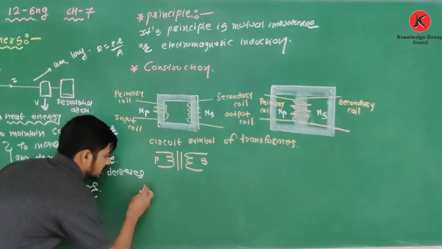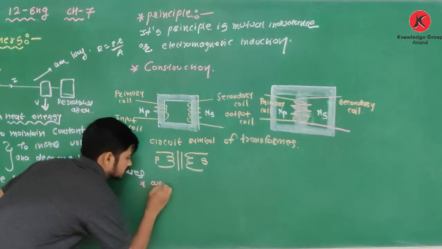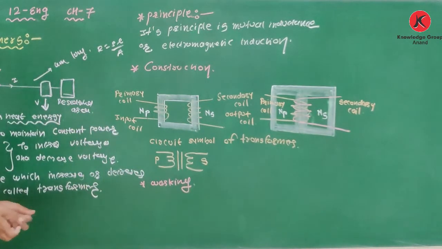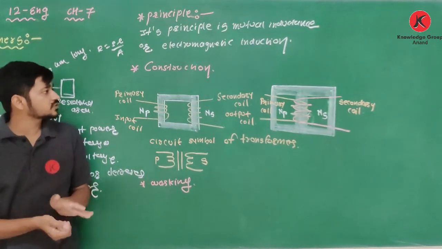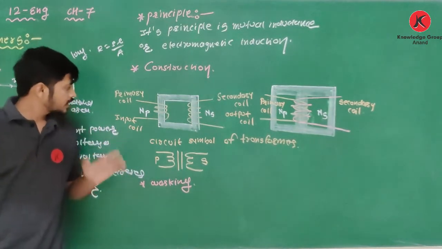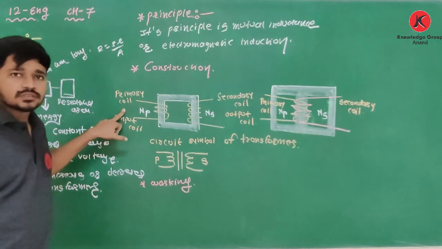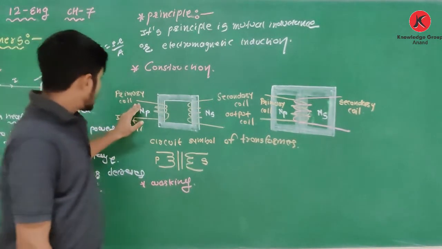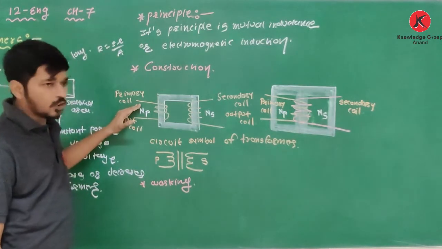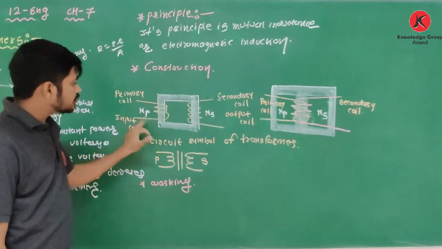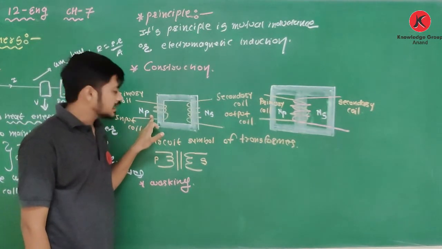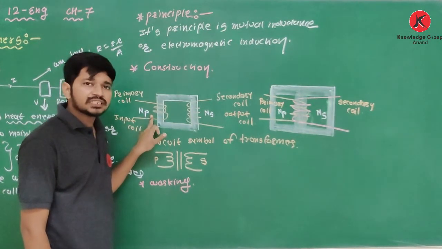How does it work? See what is the working of a transformer. Input, meaning the electricity produced from the power station, is connected to the primary coil. So in the primary coil, AC current, that is alternating current, is flowing. Due to this alternating current in this coil, magnetic flux is linked.